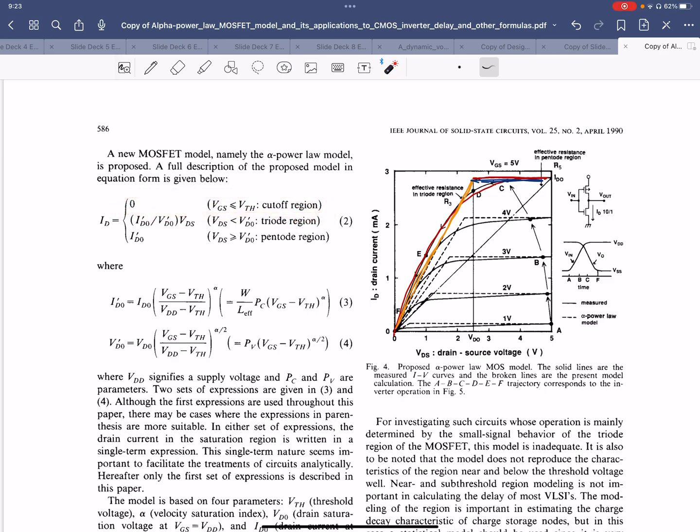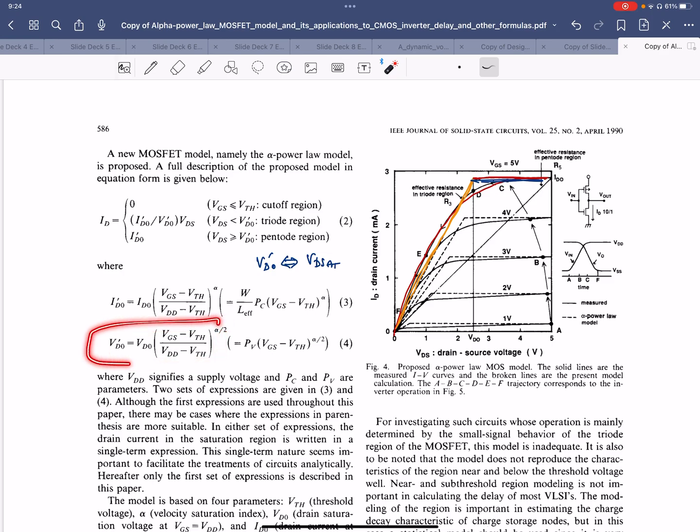Well, first of all, what you do is you actually need to come up with this. This would normally be VD-SAT. So in the Shockley model, VD0 would correspond to VD-SAT. But in this case, because VD-SAT is not what the Shockley model predicted, you need a more complicated equation for that VD-SAT.